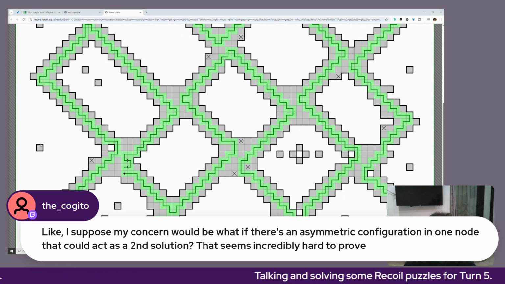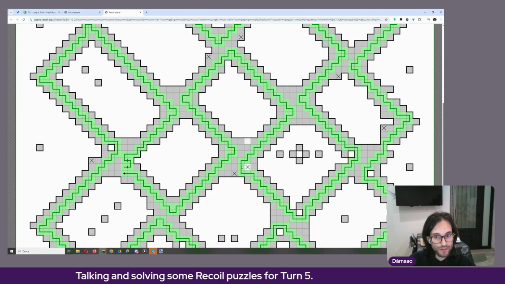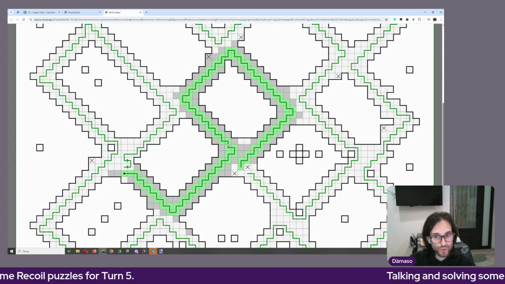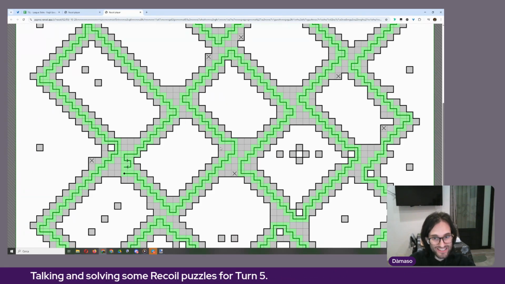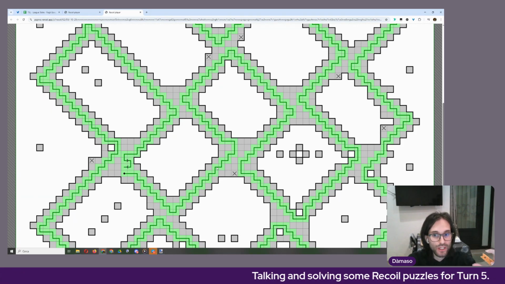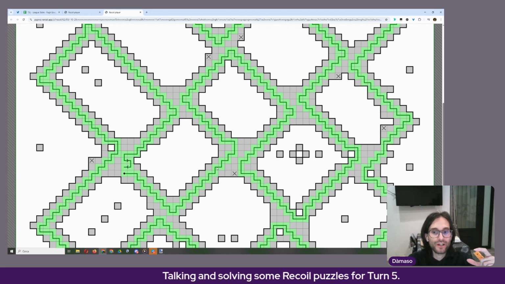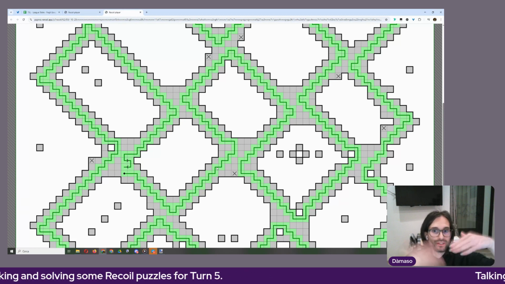perfect symmetry. Like here, I switched this instead of this, and to make everything work, I needed to switch the other one as well. So the fact that in the single rectangles, in the inside of the rectangles, you must be entirely symmetrical, it's not like modified by what happens with the extra nodes.